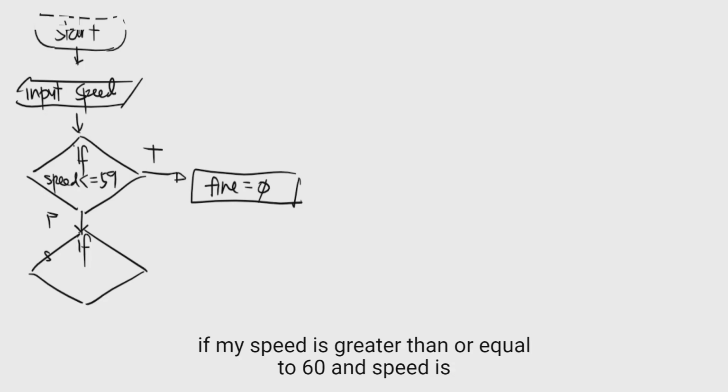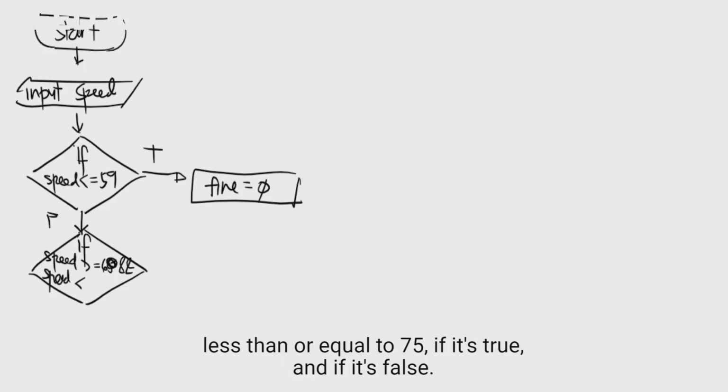Next, another diamond shape. If my speed is greater than or equals to 60 and speed is less than or equals to 75. So if it's true and if it's false.